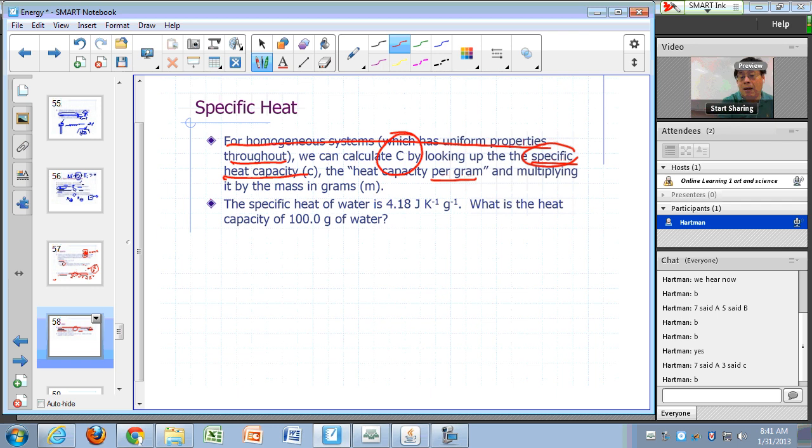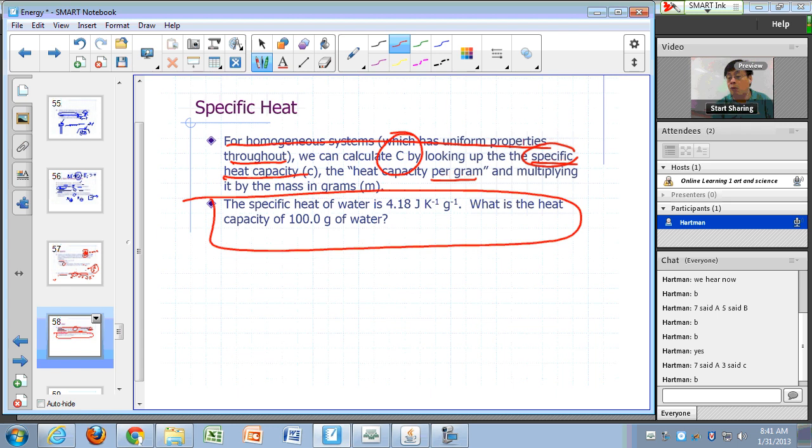So here's an example. The specific heat capacity of water is 4.18 joules per Kelvin per gram. Look at this unit right here. It's joules per Kelvin. That's the unit for heat capacity. And then per gram would be the unit for specific heat. So what's the heat capacity of 100 grams of water?